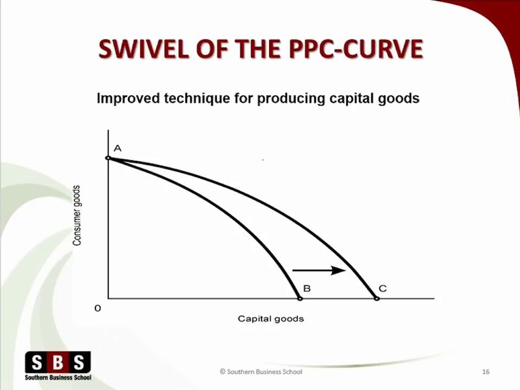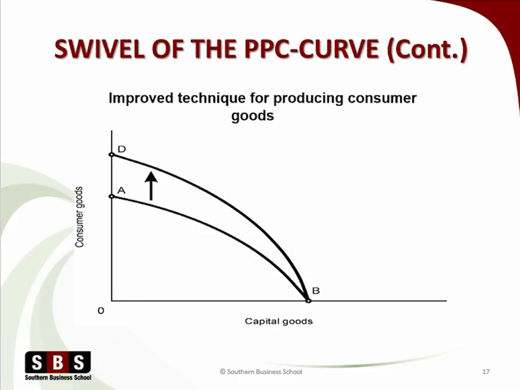This was also a question in the assignment, not this one, but if the one consumer good, for instance, is kept constant, and the technology for capital goods is improved, then your curve swivels from the one point, fixed at the one point, towards the bottom axis. I think the next one was in the exam. This one was in the exam.